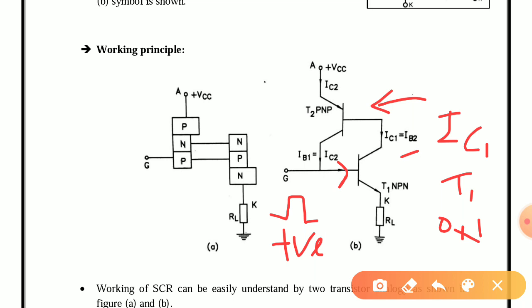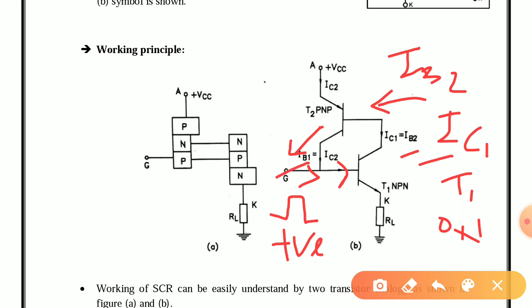As the base current IB2 of the second transistor flows, the collector current of the second transistor also flows. This collector current of the second transistor becomes the base current of the first transistor. So now the base current of the first transistor is increased, hence the collector current is increased again, and the base current increases again.